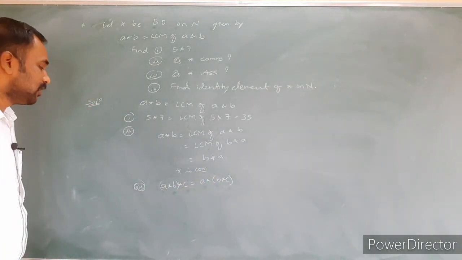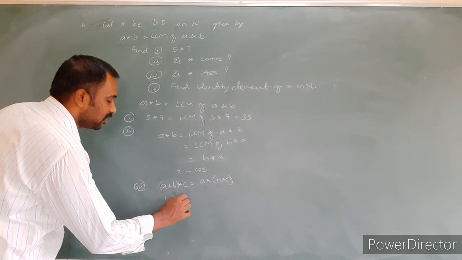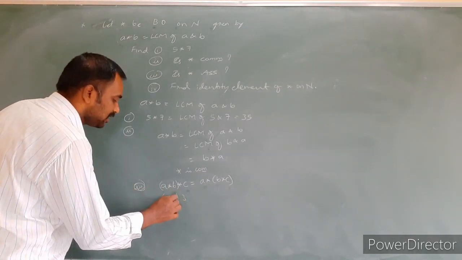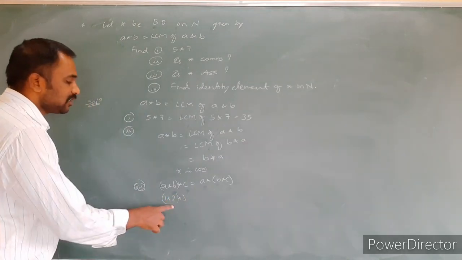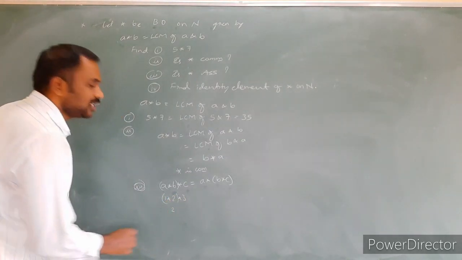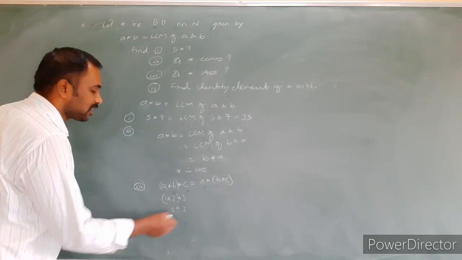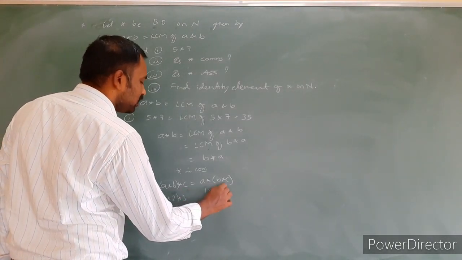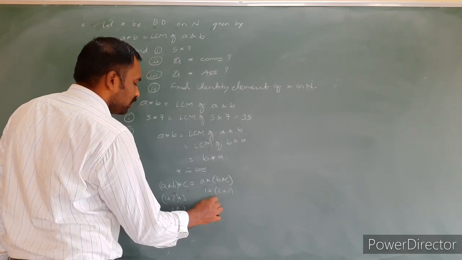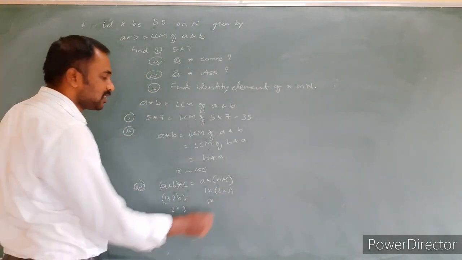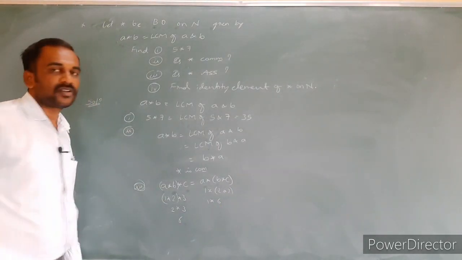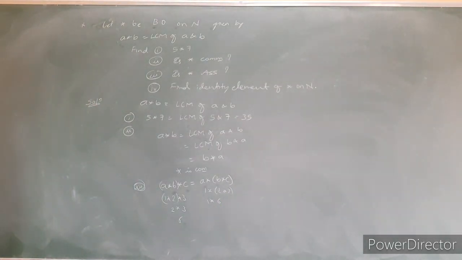For example, I just consider 1, 2, 3 for your convenience. LCM of 1 and 2 is 2. LCM of 2 and 3 is 6. Similarly, here 1 star (2 star 3): 1 as it is, the LCM of 2 and 3 becomes 6, and the LCM of 1 and 6 is 6. LHS is equal to RHS. It is true for only these numbers.